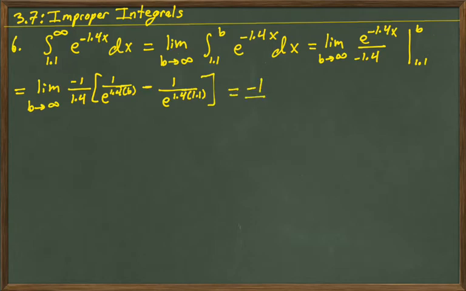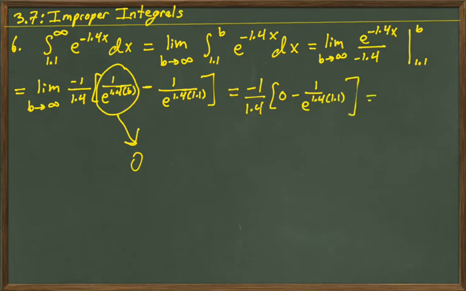So what's going to happen is this is going to go to 0 because the denominator is going to get huge, and so our limit is going to be negative 1 over 1.4 times 0 minus 1 over e to the 1.4 times 1.1. So our limit is 1 over 1.4 e to the 1.4 times 1.1.